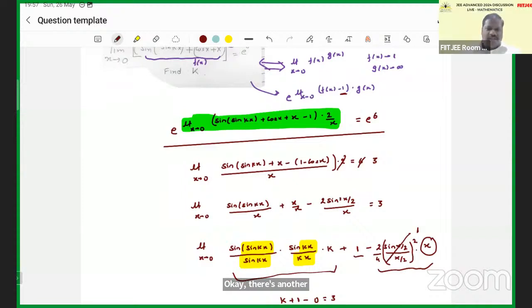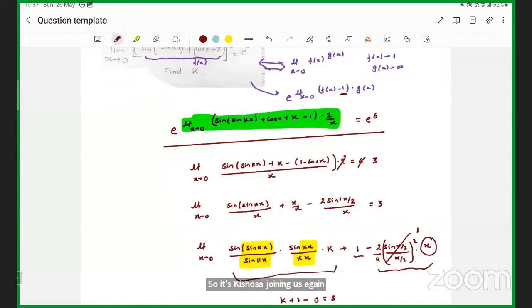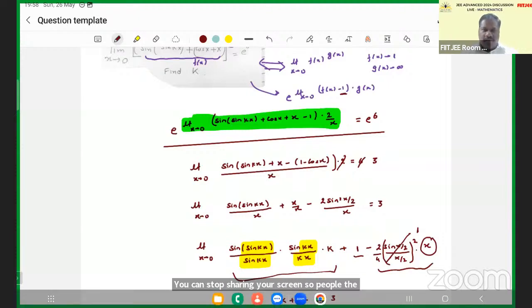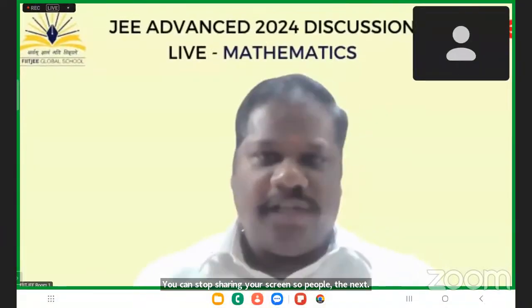So Kishore sir is joining us again. You can invite Kishore sir. Ask him to raise his hand. I think Kishore sir is already in the group, so I have promoted him as a panelist. He can join. Rahul sir, you can stop sharing your screen so Kishore sir can share his screen.